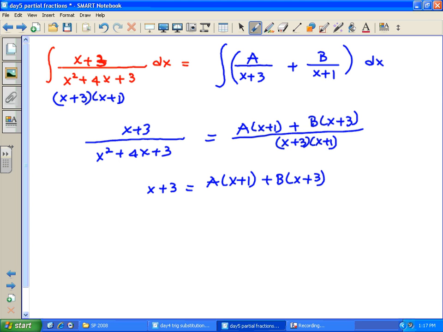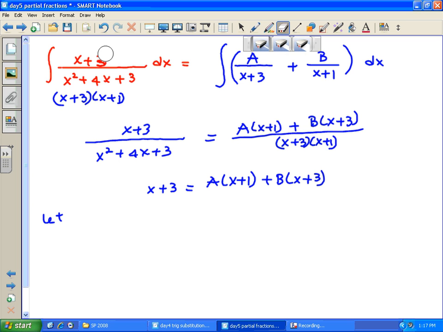Okay. Our job is to find a and b. Here's the easiest way to find a and b: let x be equal to different values. I'll give you the first one. Let x be equal to, you know what, I just changed that question from x plus 2 to x plus 3, but that's going to create a problem because now the x plus 3's can be canceled. Let's make it x plus 5, please. Sorry about the trouble.